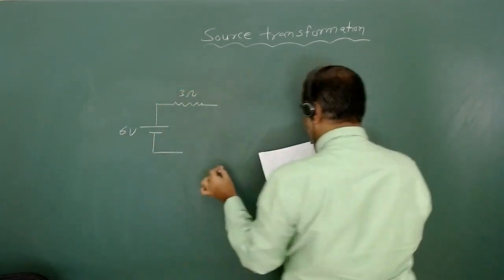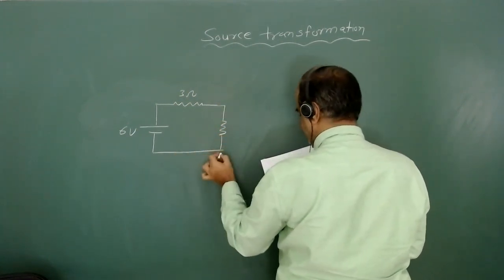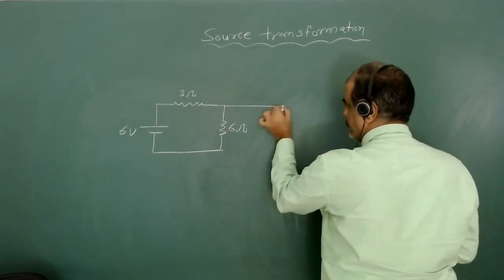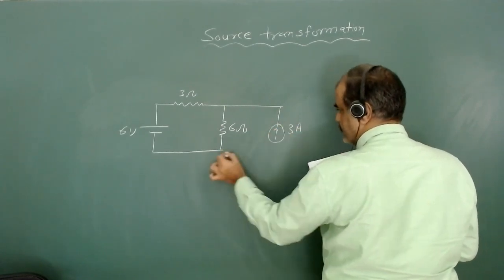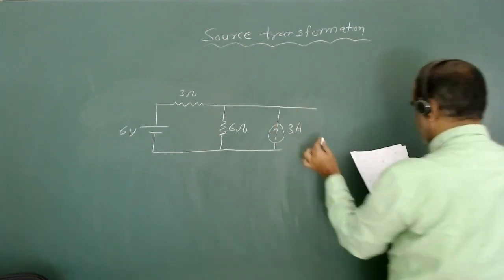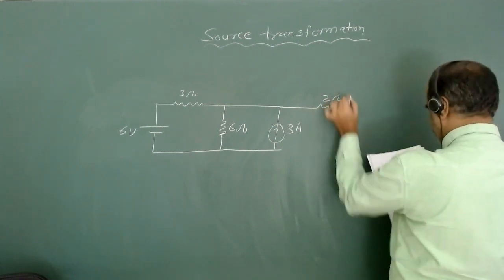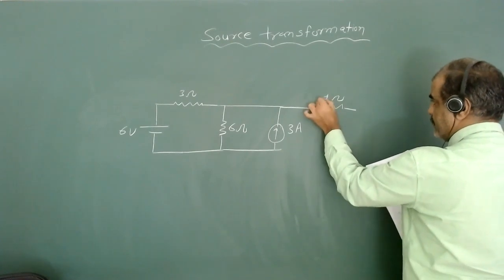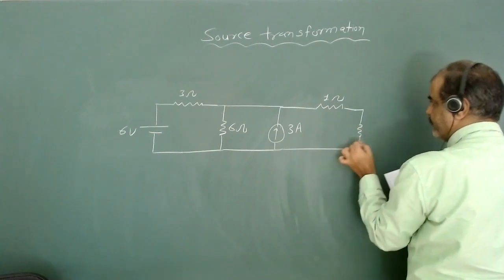I have a 3 ohm resistance across this, a 6 ohm resistance, and in parallel I have a current source of 3 ampere. Then we have a 2 ohm resistance, 1 ohm resistance, sorry, connected in series, and a 4 ohm resistance.